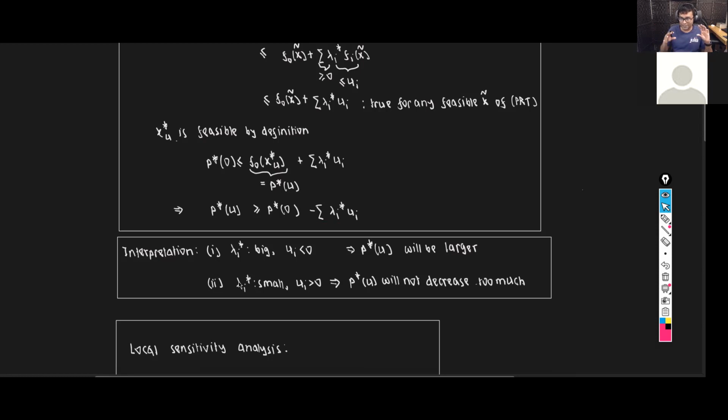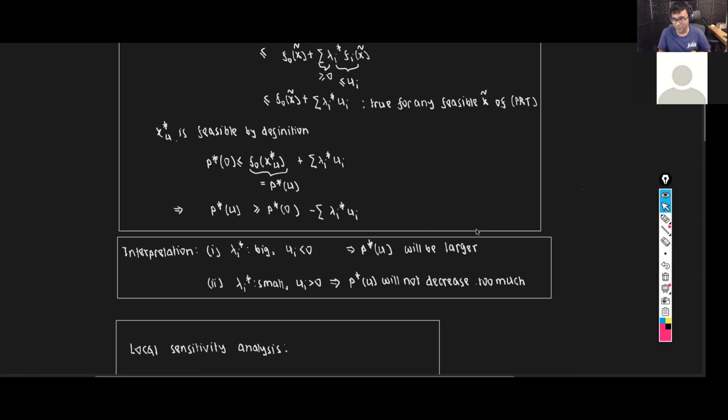Now, when lambda_i star is small, this inequality is telling you that p star u will not decrease too much, because lambda_i star is small. So even though this inequality was just giving us a lower bound on the optimal value of the perturbed problem, it still gives us something non-trivial, because to understand that we actually don't need to solve the new problem.